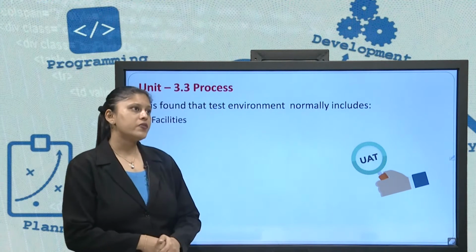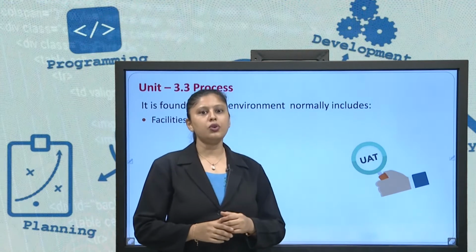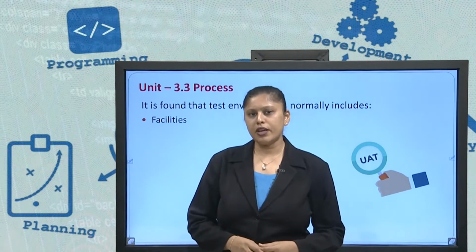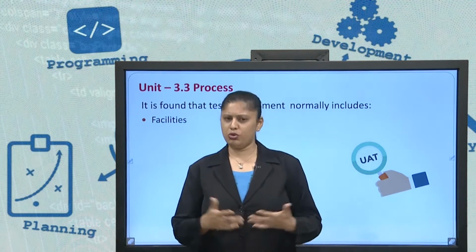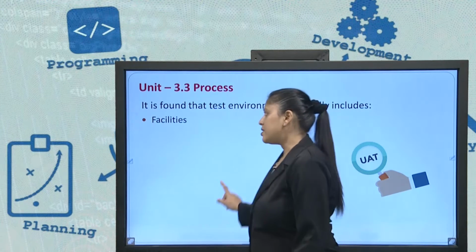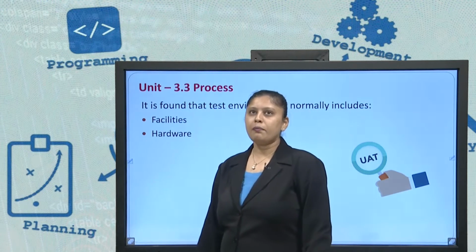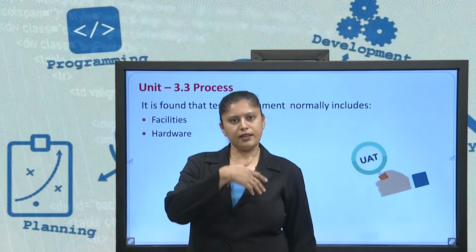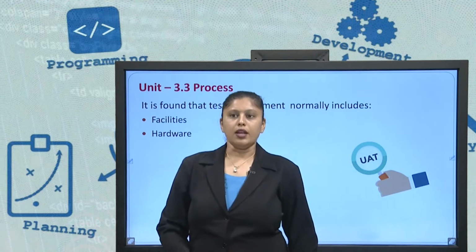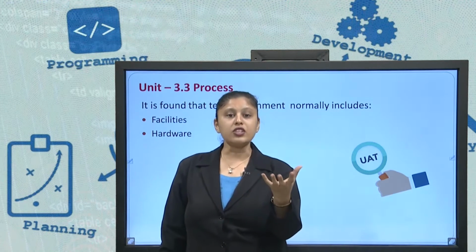All these facilities are going to ease the work of my user, or maybe they are going to be user friendly. Second is hardware, when my user is about to get some product, what all hardware it will need.